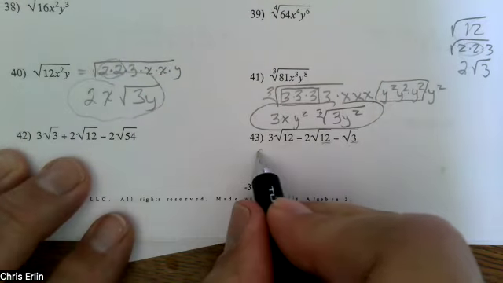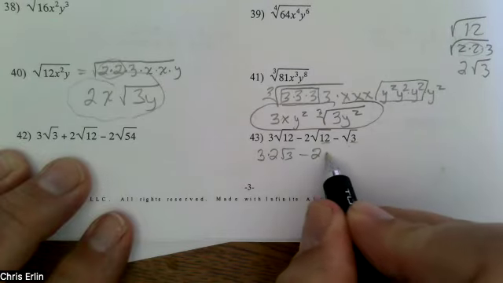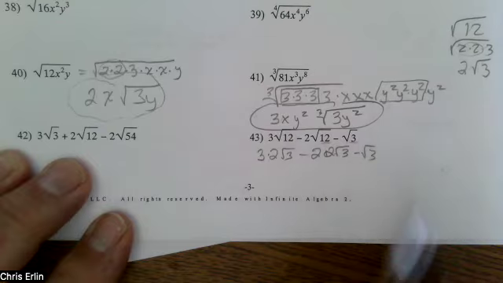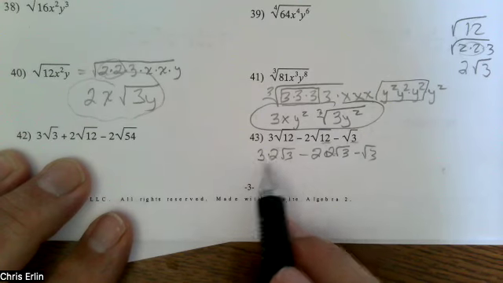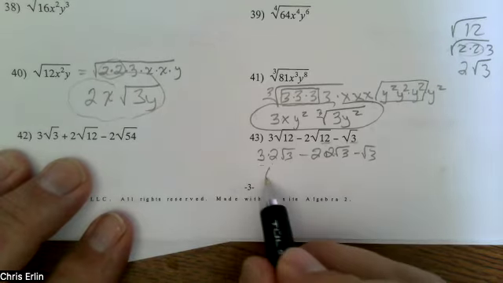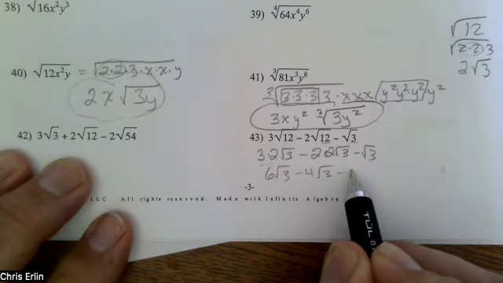So in other words, I can now treat this as 3 times 2 root 3 minus 2 times 2 root 3 minus root 3. When you multiply, things on the outside multiply together. And if you have things on the inside multiplying together, then they do too. But this gives us 6 root 3 minus 4 root 3 minus root 3.